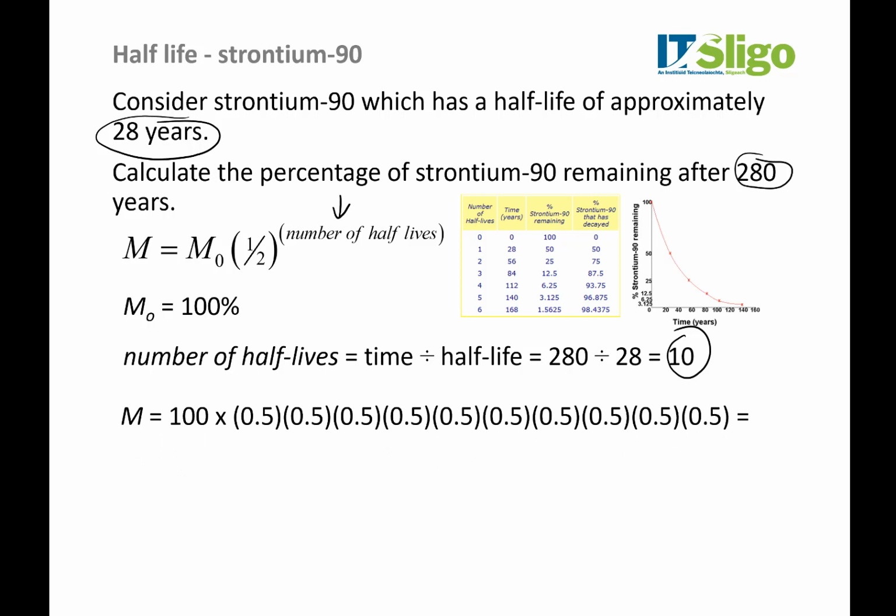If we didn't use powers or exponents, we'd have to do it this way. We had 100 at the start, and then by half, by half, by half, by half, by half. I think you get the picture. 10 times. Or we could write it like this, which is the same as our function here. So after 10 half-lives, there would only be about 0.1% of the quantity left.